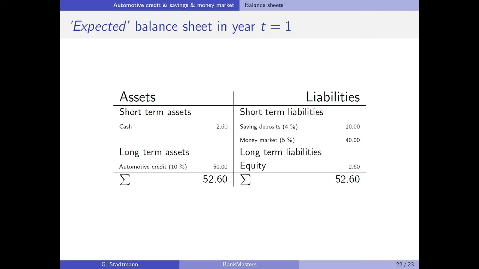So in T1, we are expecting some profits, and it is written under the cash on the asset side, whereas this value is again written under the equity side, as it was already solved in the same manner in the first assignment. So now we again see that 52.6 is the same for both assets and liabilities plus equity. So the two sides, as we have seen, equalize to each other.